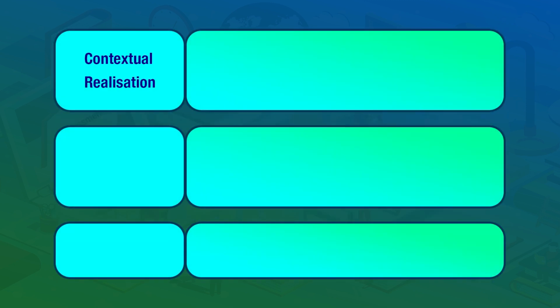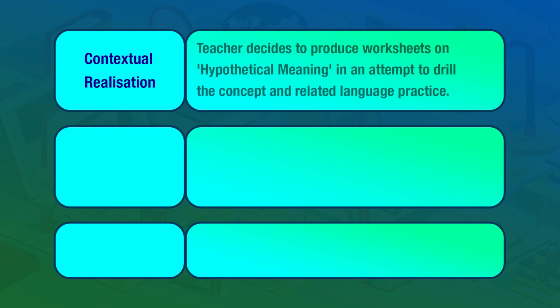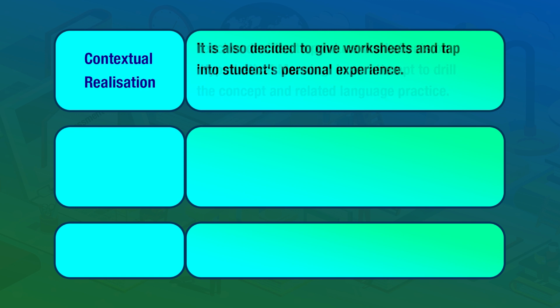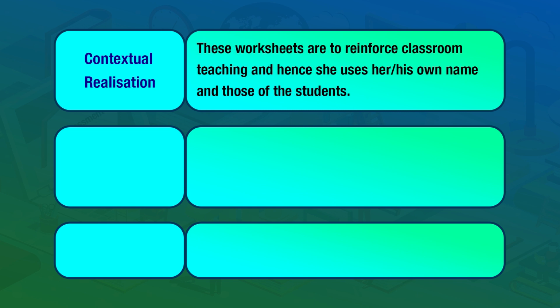Comes contextual realization. The teacher decides to produce worksheets on hypothesis meaning to drill the concept and related language practice. It is also decided to give worksheets that tap into the students' personal experience. These worksheets are to reinforce classroom teaching, and hence she or he uses their own names and the students' names maybe for the local references. Then comes the pedagogical realization.